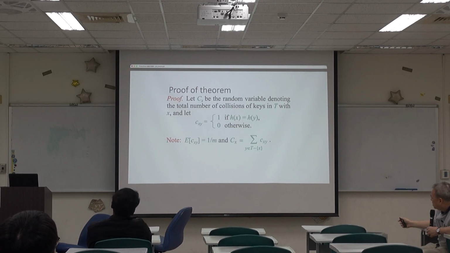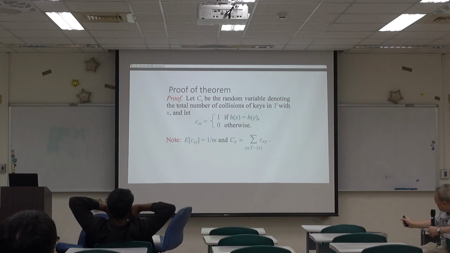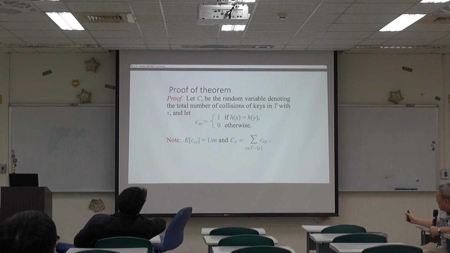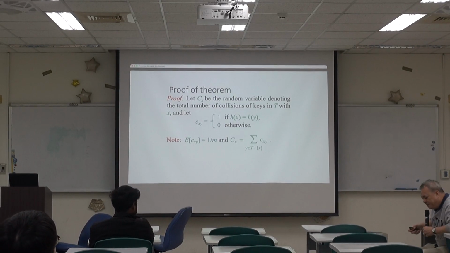Lowercase c_xy is an indicator random variable, equal to 1 if h(x) equals h(y), and 0 otherwise. So h(x) equal to h(y) obviously indicates a collision, right?